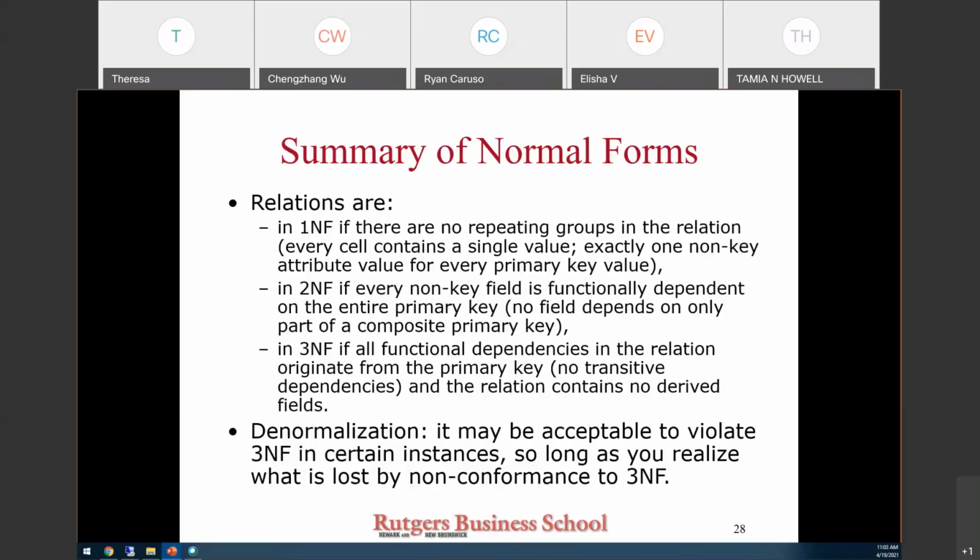But it may sometimes be acceptable to violate third normal form in some instances, so long as you realize what is lost by non-conformance to the third normal form.